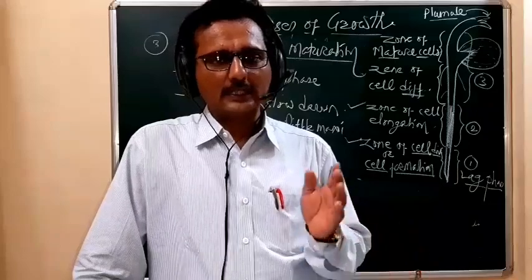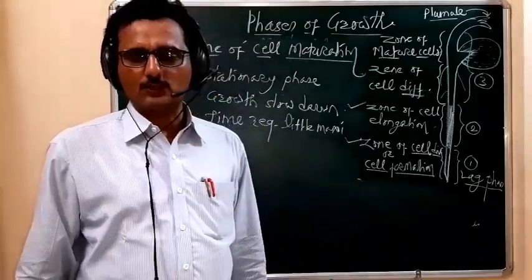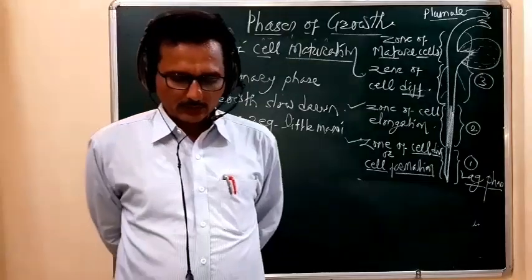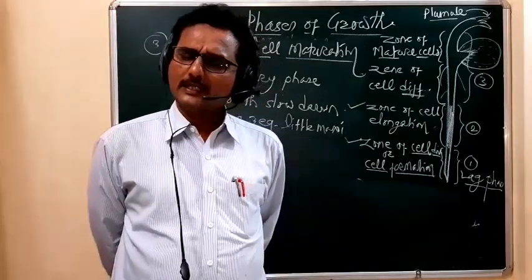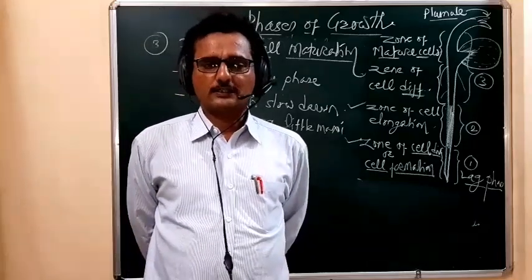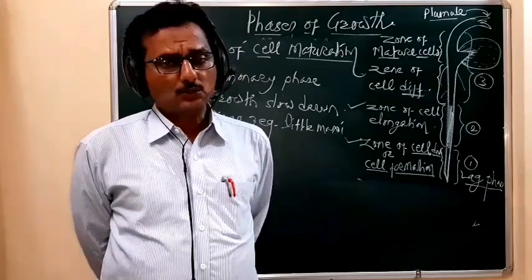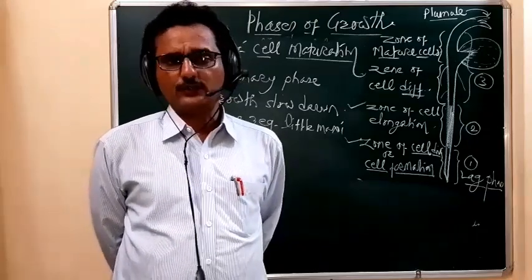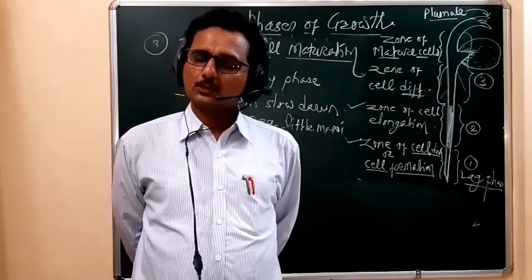And when the cells get differentiated, it is followed by cell maturation. All the differentiated cells mature there. So when there is cell differentiation and maturation, the growth automatically slows down.